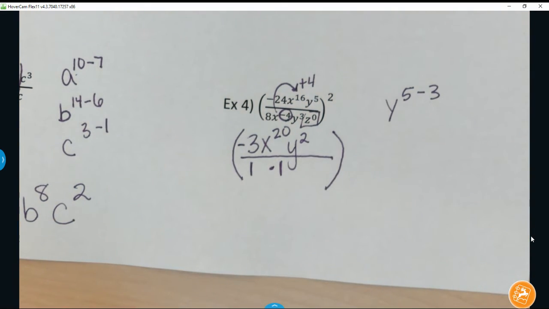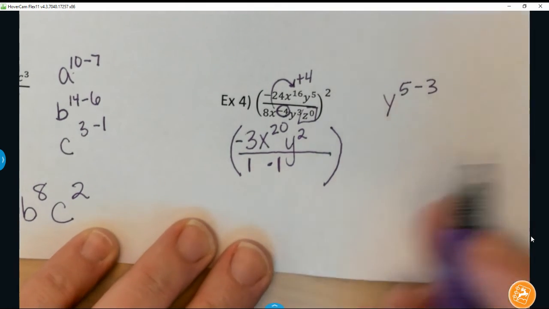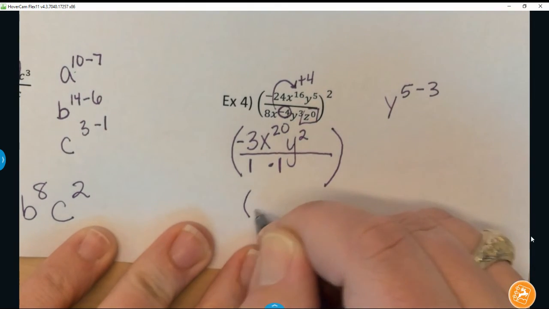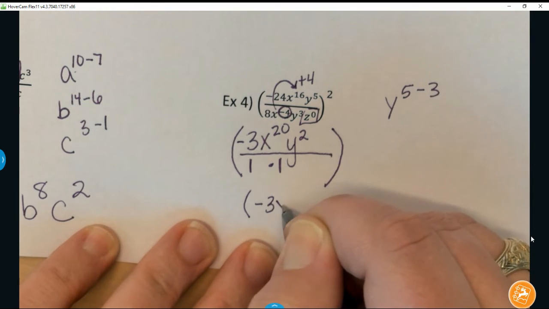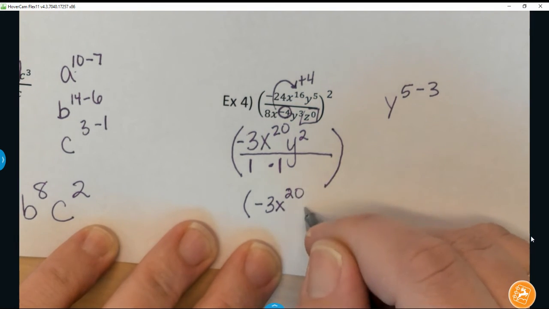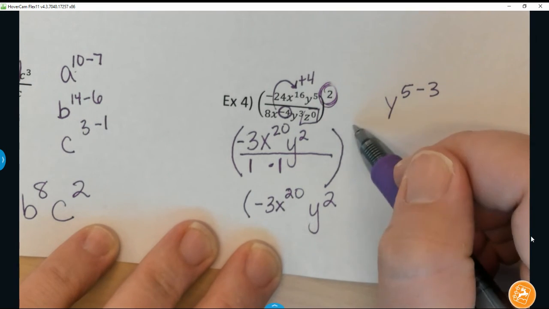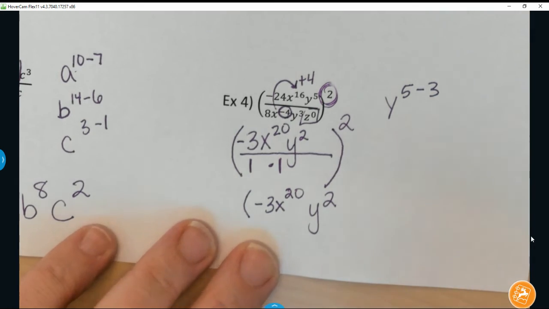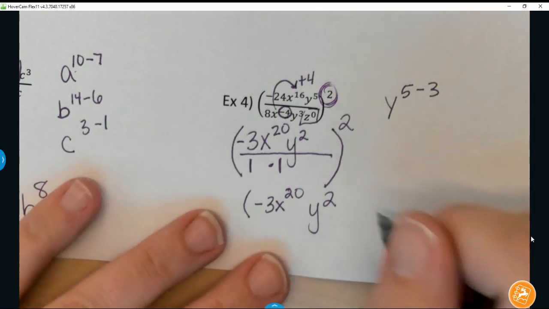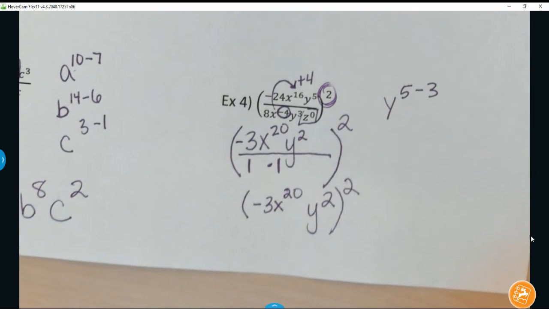So now if you're looking at your denominator, you have 1 times 1, which is 1. So really, this is just going to be negative 3x to the 20th power y squared. And then just like I said before, I almost forgot it, but I didn't. You're going to square that whole thing.